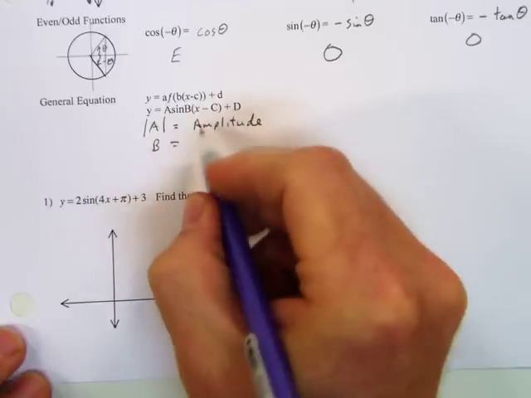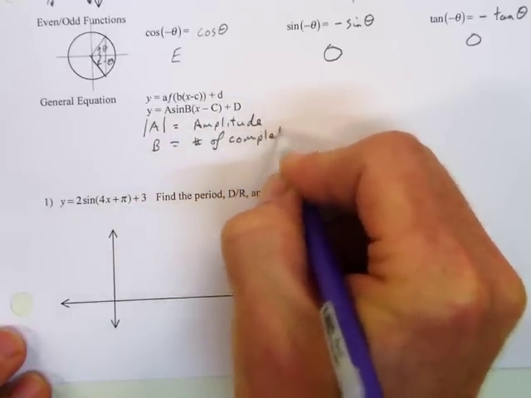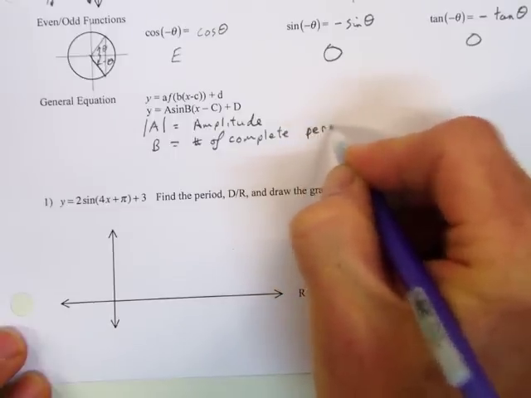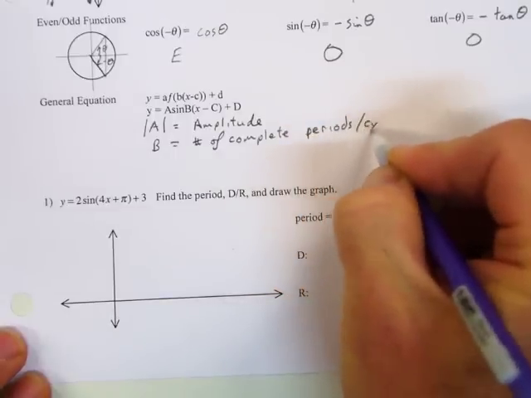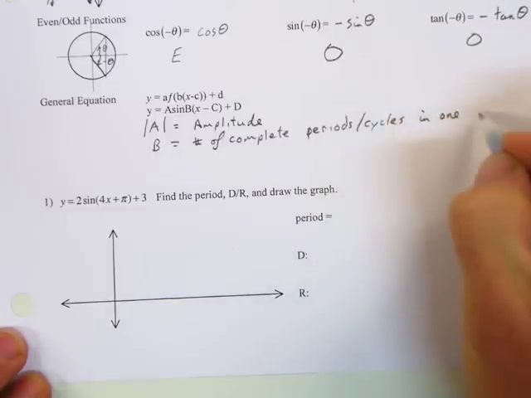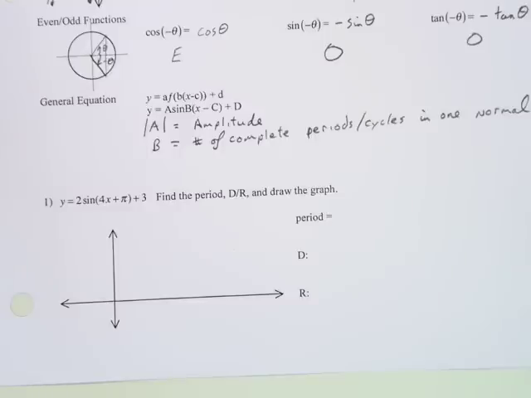B is the number of complete cycles or periods in one normal period. And the reason I say one normal period is because we could apply it for any of the trig functions. For sine or cosine, the normal period is 2 pi, but for tangent, it's pi.